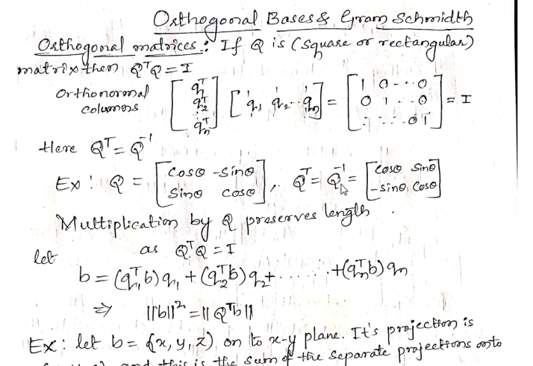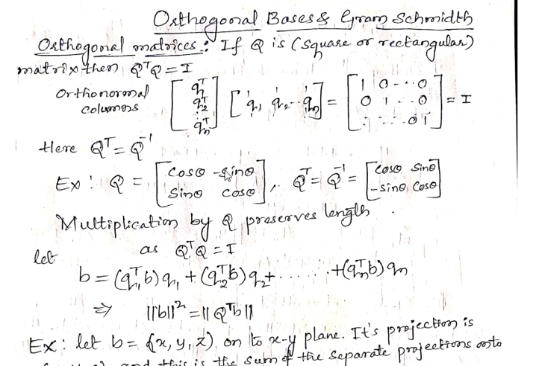The transpose of this has cos theta remaining as it is, and just the signs of the off-diagonal terms change. Here the inverse matrix is the transpose itself, because the determinant would be cos square theta plus sin square theta, which is 1, so the adjoint is nothing but the inverse.